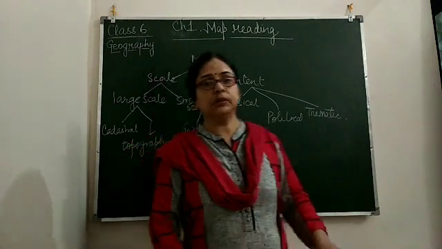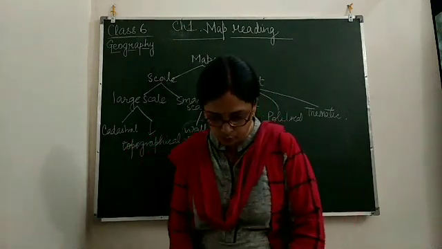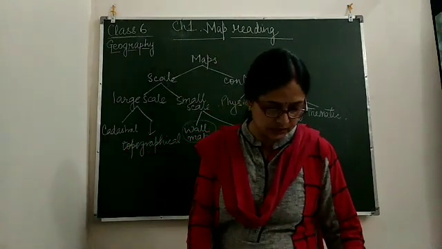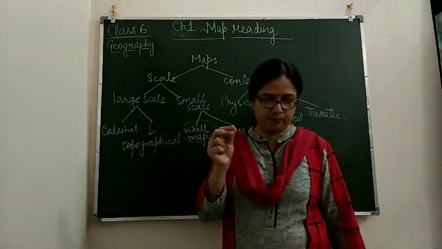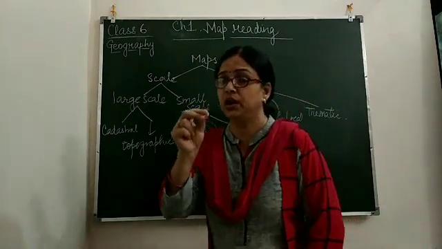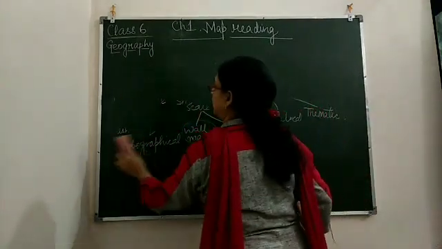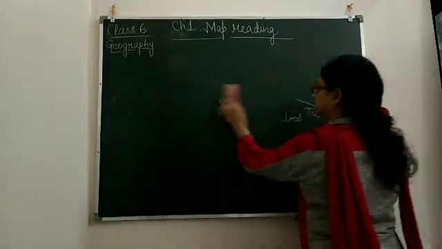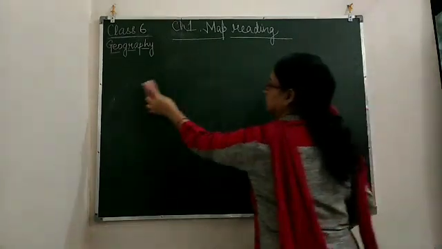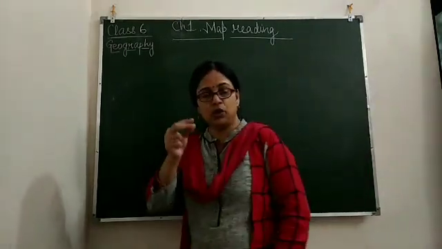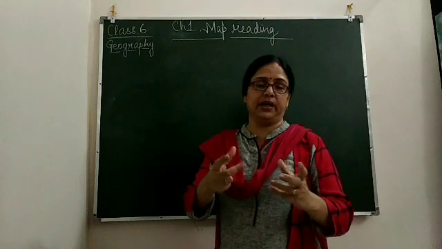So the concept is clear. Now next, our topic is the components of a map. What are the different components of a map? Three main important components are there. Here the word component means what a map contains.